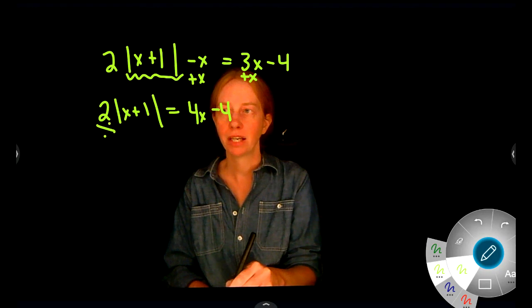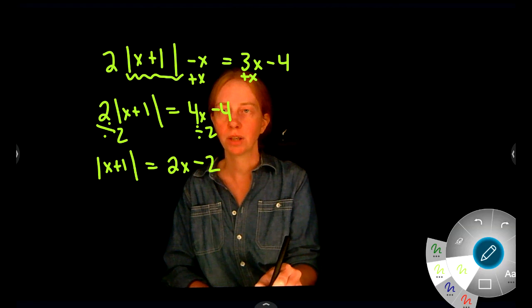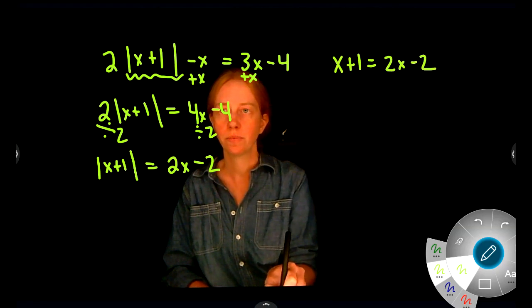And now I'm going to divide by 2. So I have the absolute value of x plus 1 equals 4x divided by 2 is 2x. Negative 4 divided by 2 is negative 2. So this is what I'm going to put into my two equations. I'm going to have the x plus 1 equaling 2x minus 2.